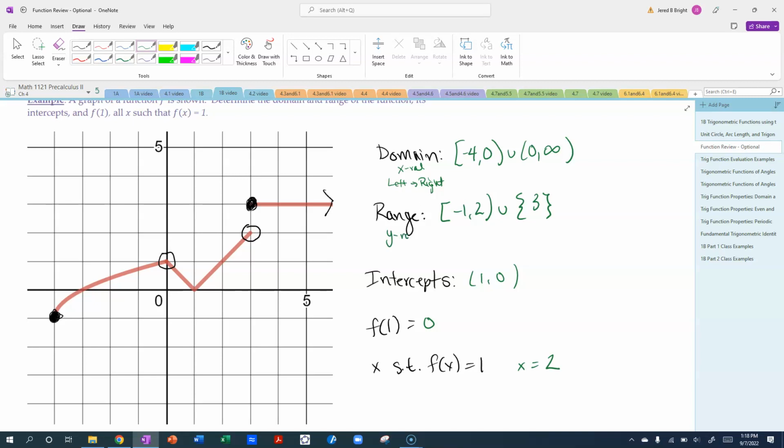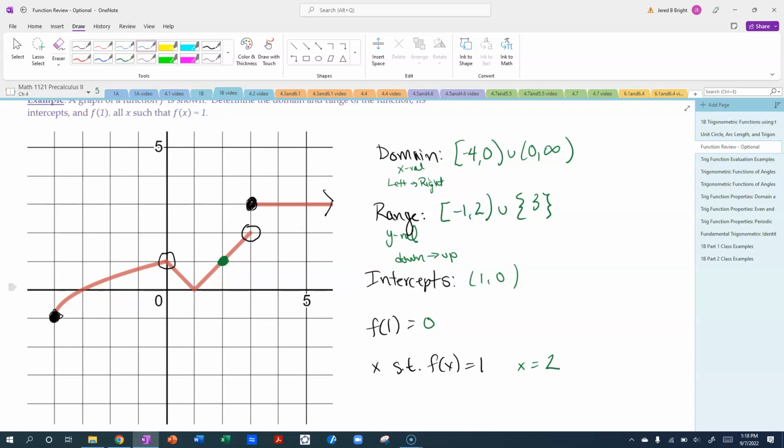Range is the y values. Okay, so y values start down at -1 again. So this one is up, down to up. Start down at -1, continue on upwards at +1. I didn't have a break, because I actually have a filled in dot here. If it isn't shown, assume that there's a filled in dot.